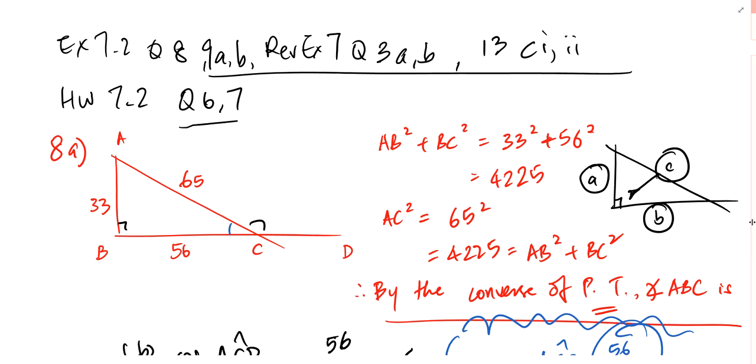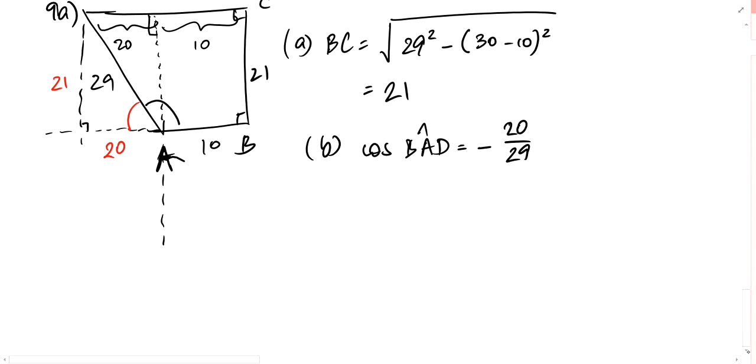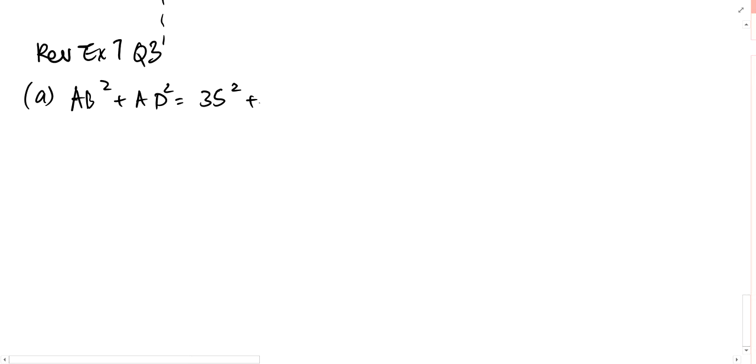Okay, revision exercise 7, question 3a. That is on page 39. Therefore, we write BAD, right? We write AB square plus AD square is 35 square plus 12 square.